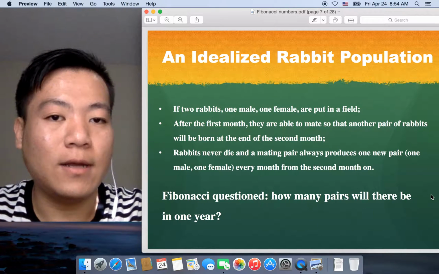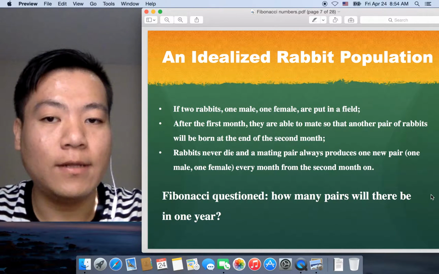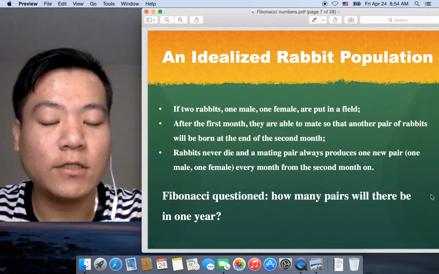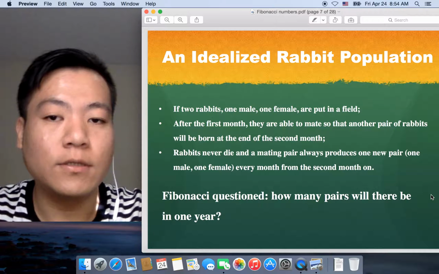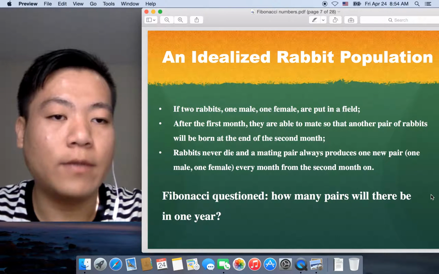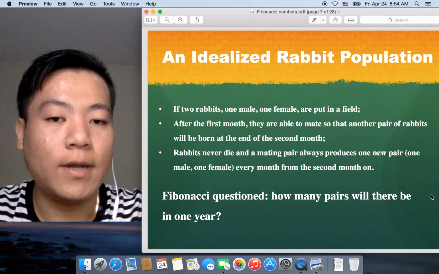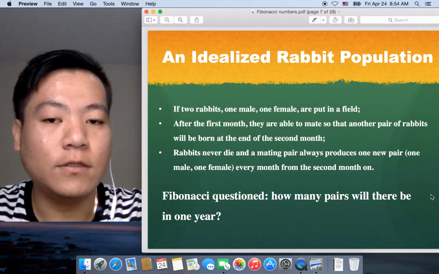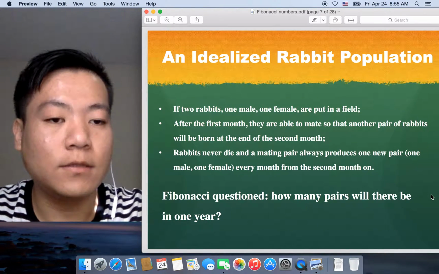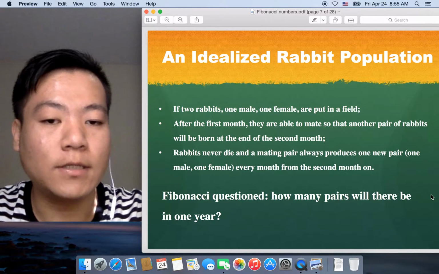Fibonacci used an unrealistic example to explain the Fibonacci numbers. He used an idealized rabbit population to explain it. If two rabbits, one male and one female, are put in a field, after the first month they are able to mate, so that another pair of rabbits will be born at the end of the second month.